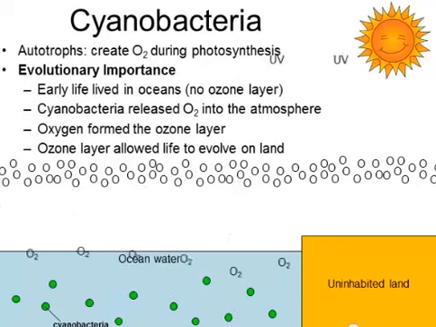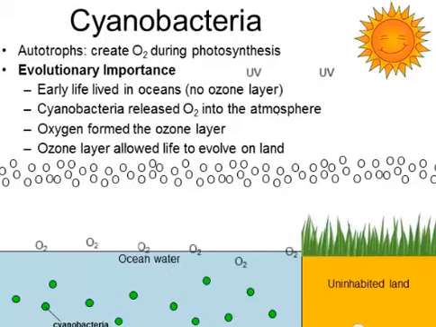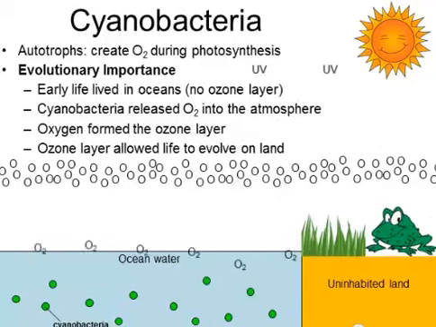This was an incredibly important step that allowed life to eventually adapt and evolve and move on to dry land. Prior to this, it would be impossible for life to inhabit land because UV radiation would have just destroyed anything. But now that there is a shield up in the atmosphere, this eventually allowed life to evolve on land.